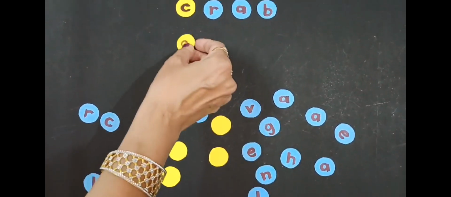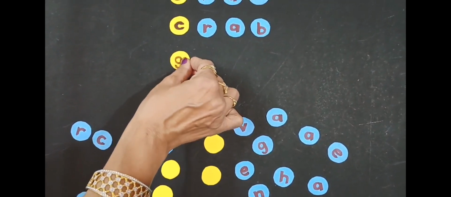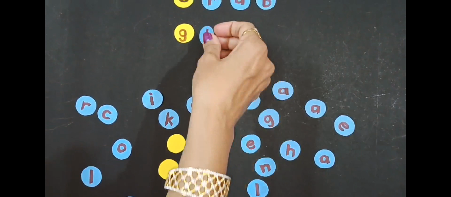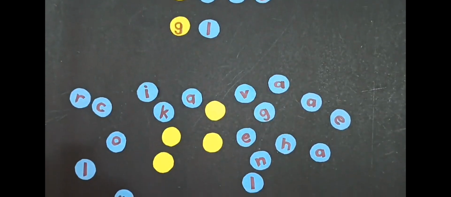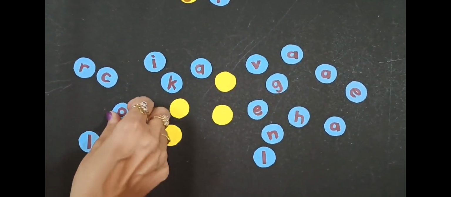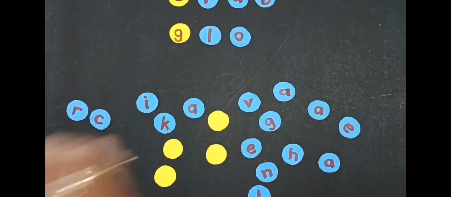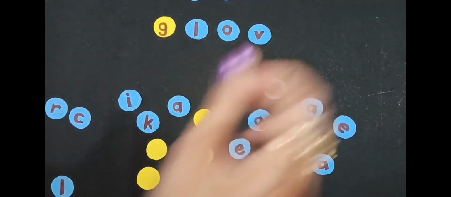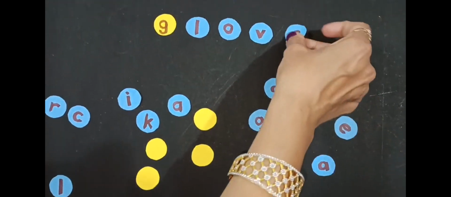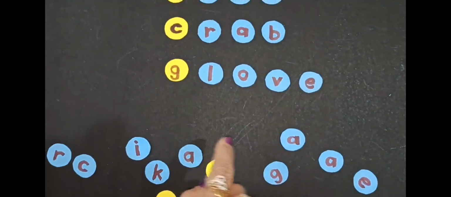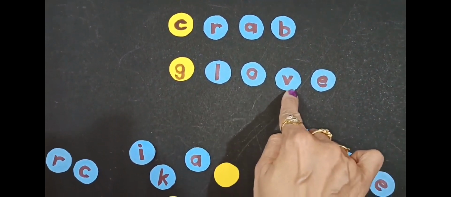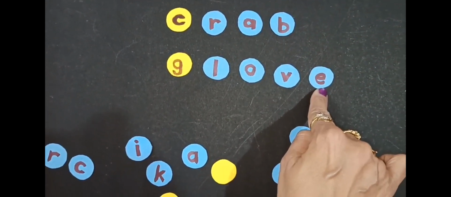It's G. Now we have to make a word with G. So what should I take? Okay, I'll take this L, then O, then V, and then E. Glove. G-L-O-V-E. Glove.